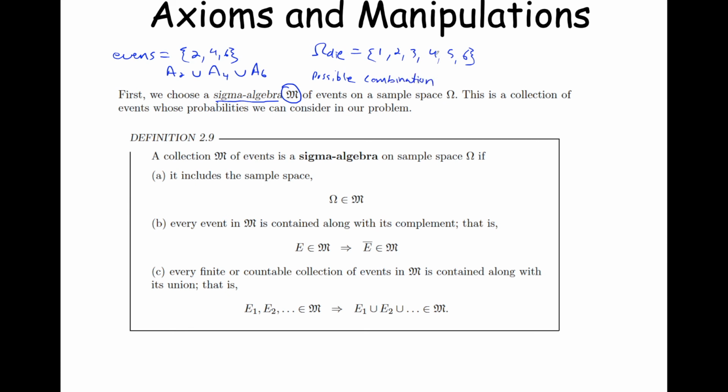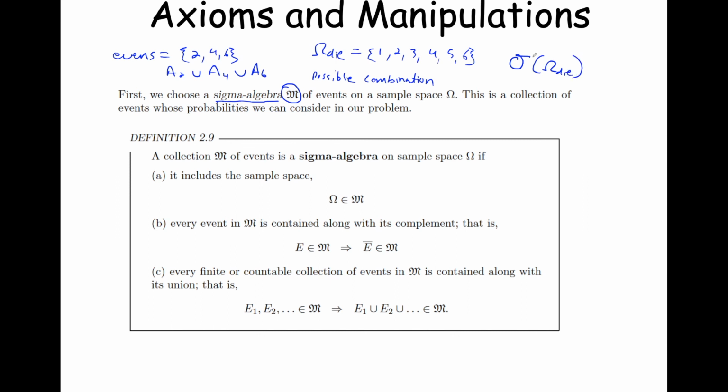And this operator or function that gives you possible combinations is called a sigma-algebra. The sigma-algebra operates on this sample space omega, and sometimes in the literature you'll see it written as the lowercase Greek letter sigma, as a function operating on the sample space.